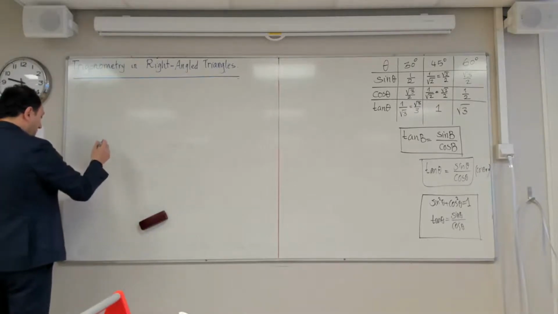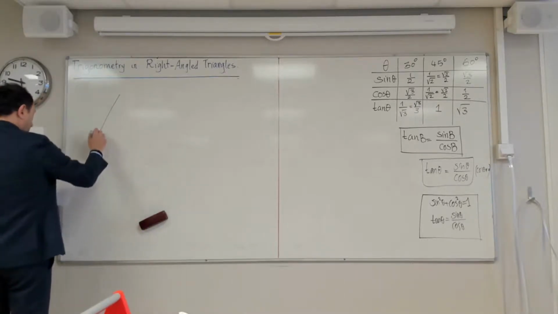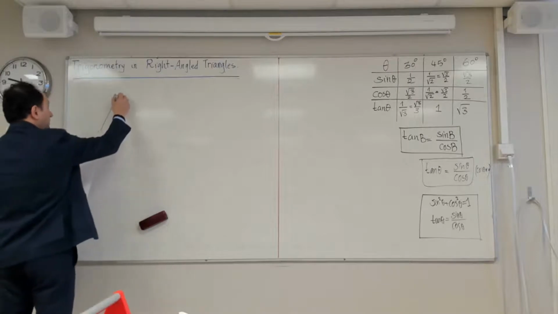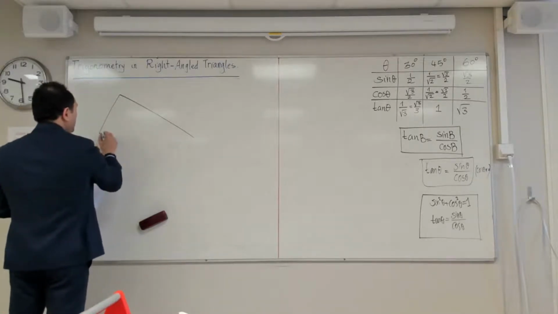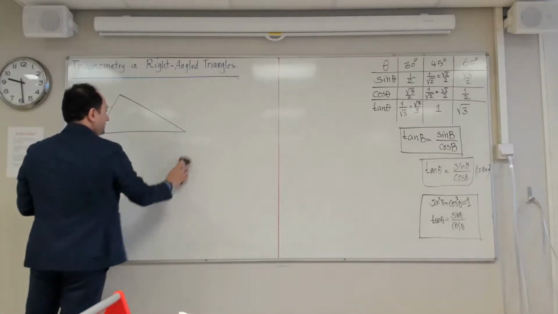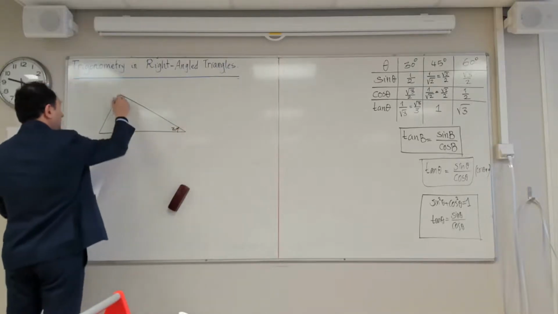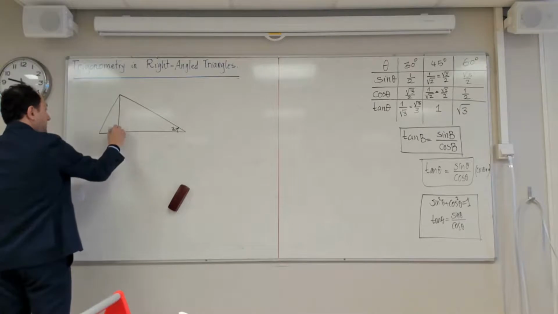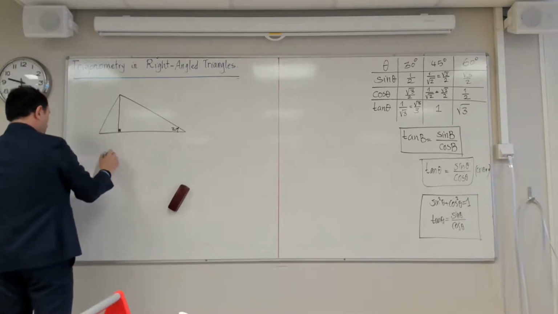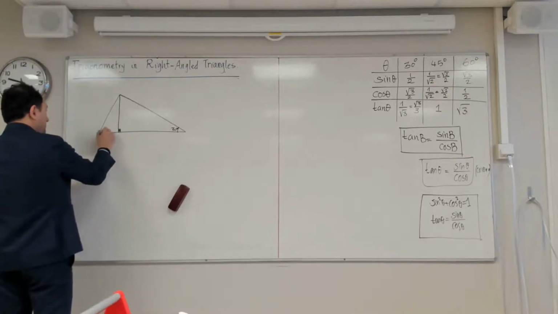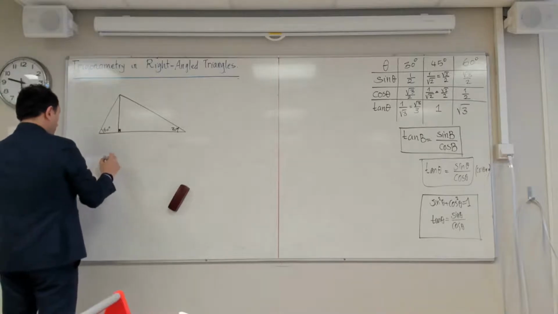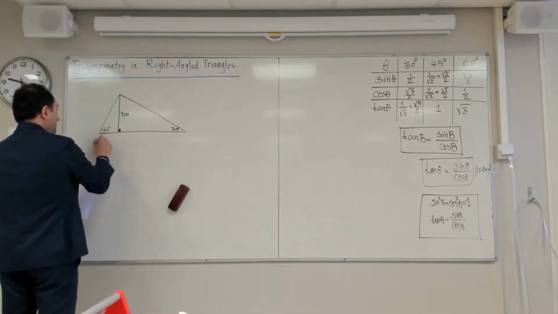So one example would be this. I have given this triangle with these pieces of information on it. So here it is given to be 30 degrees, and then this height has been drawn here. Okay, and then this is given to be 60 degrees, and the height is given to be 100.